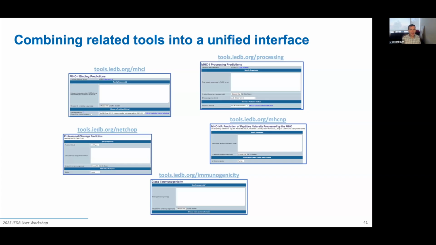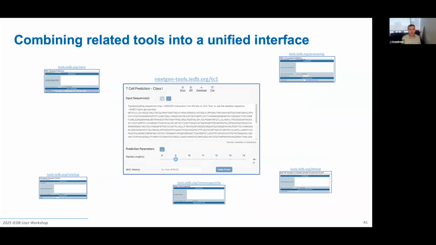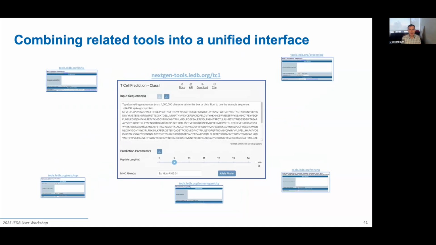And what we realized was that a lot of these tools have a very similar interface. They take in similar inputs. They'll take an antigen sequence, they take alleles, they might take lengths, and we thought it would be good to unify the interface and make all of these tools available on the same page and use the same input parameters instead of having to go to multiple different places.